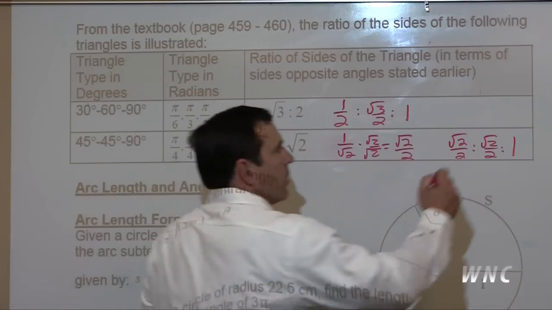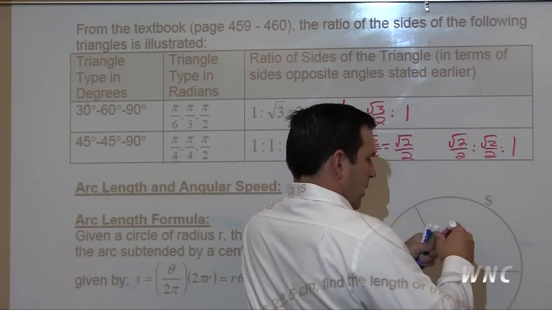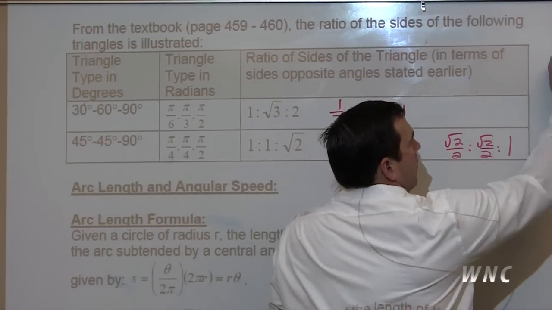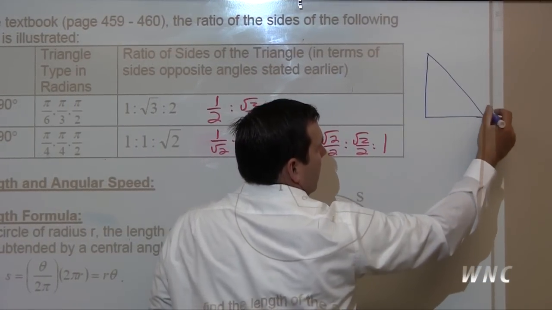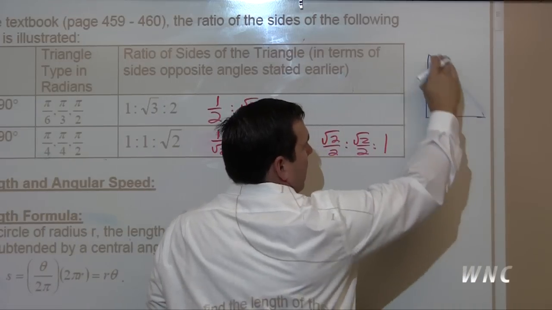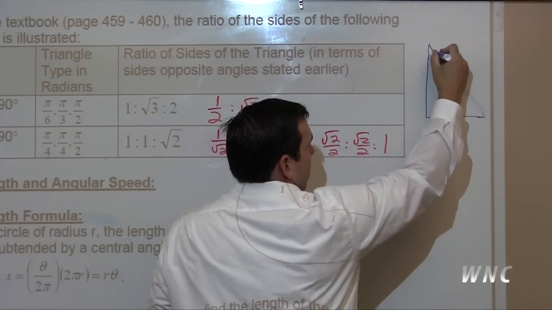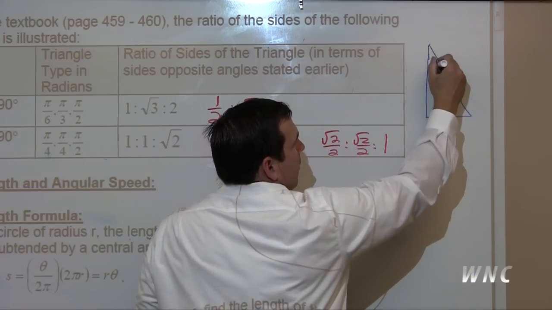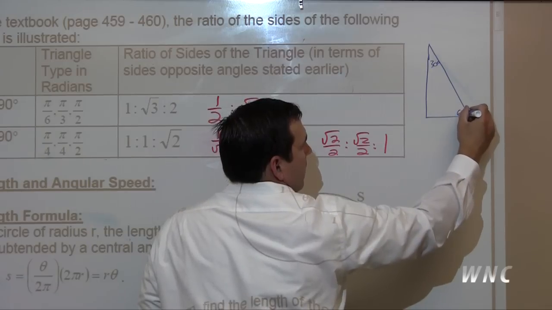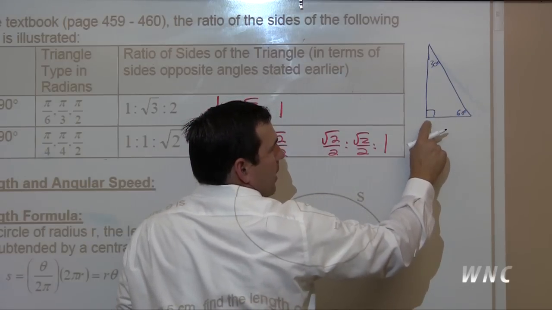And just to give you a visual on these, it's not perfect, but I think you'll get the idea here. This is the smallest angle up here. That'd be our 30 degrees, 60 degrees, and that's a right angle, 90 degrees.